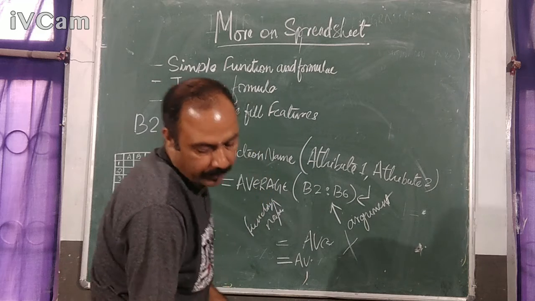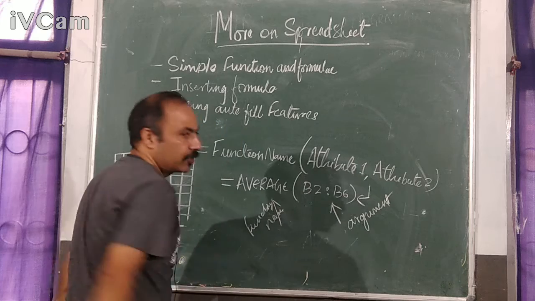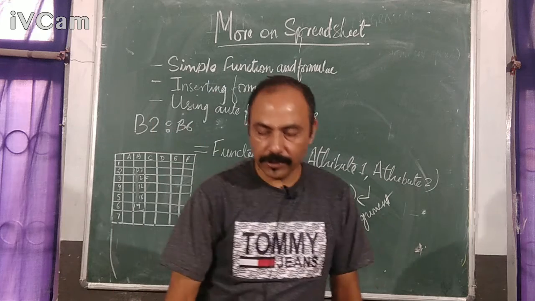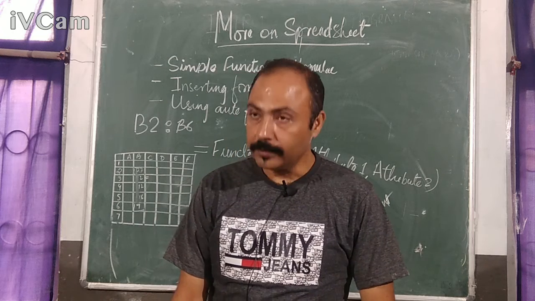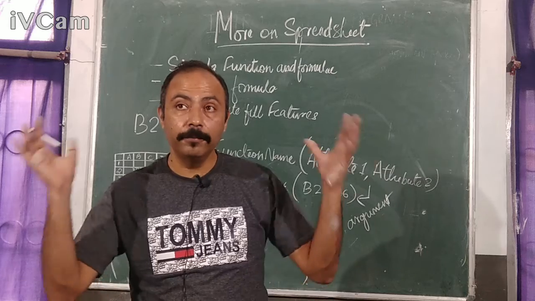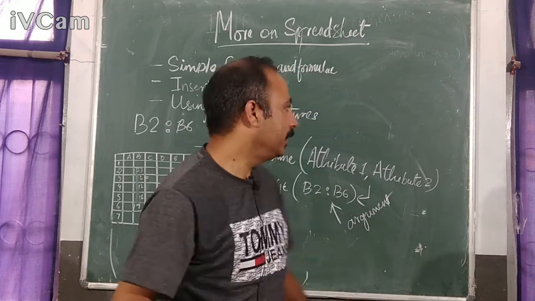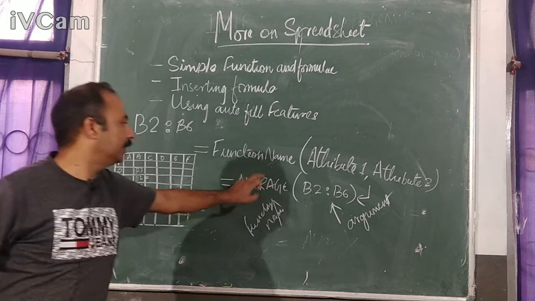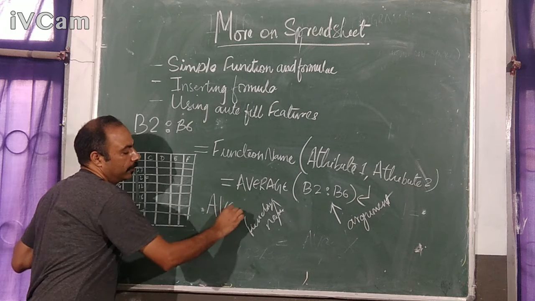The third rule is that the function name should be a valid Excel function name. Whatever functions are available in Excel, only those you can write. Instead of average, if you write AVG, it will be wrong.